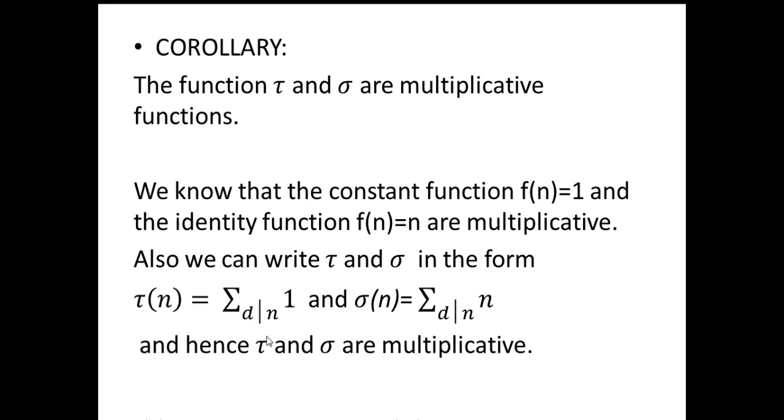Also, we can write tau and sigma in this form. Tau(n) is equal to the summation of 1, d divides n, and sigma(n) is equal to the summation of d, d divides n. This one is the constant function and this n is the identity function. So because they are multiplicative, tau and sigma are both multiplicative.